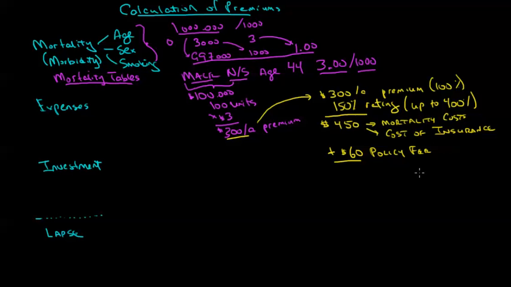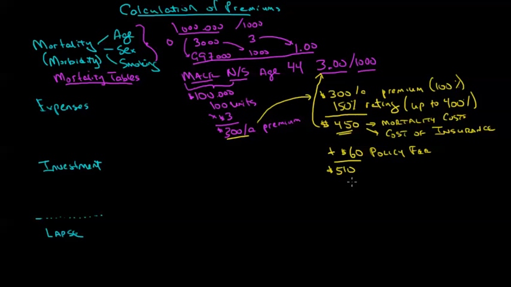That's how the insurer recovers its expenses. Because if they only charged that mortality cost, that $450, and the expected number of people die, the insurer is going to be out all of that money. So now we have a premium of $510.